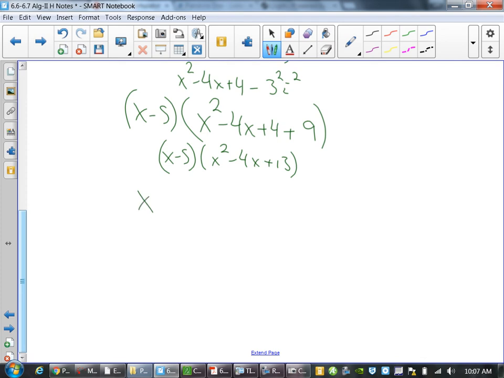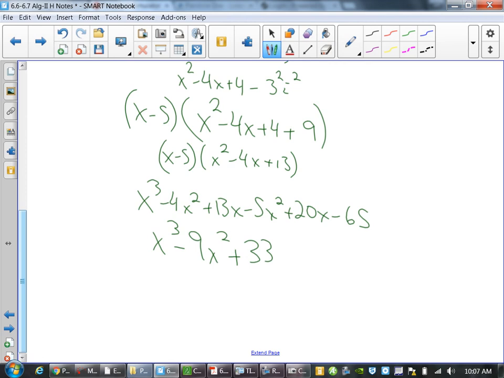And we'll get x cubed minus 4x squared plus 13x minus 5x squared plus 20x minus 65. And there's your polynomial. The weirdest part is going to be distributing out that piece, and it just takes a little practice. Okay?